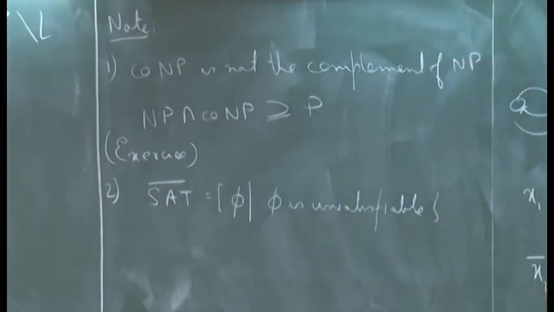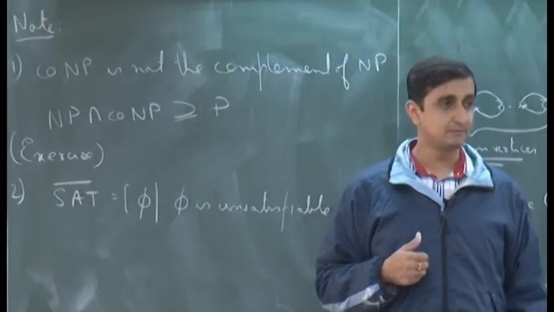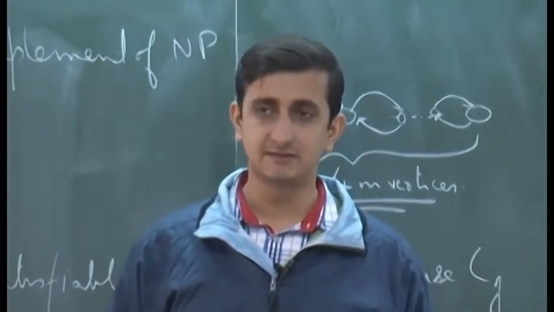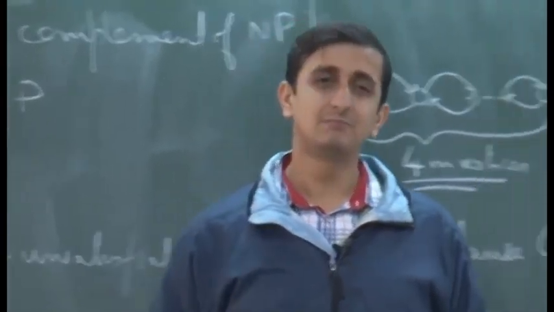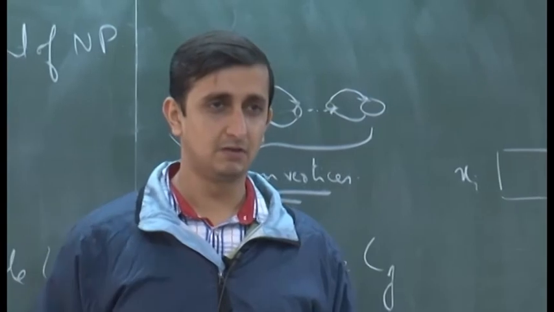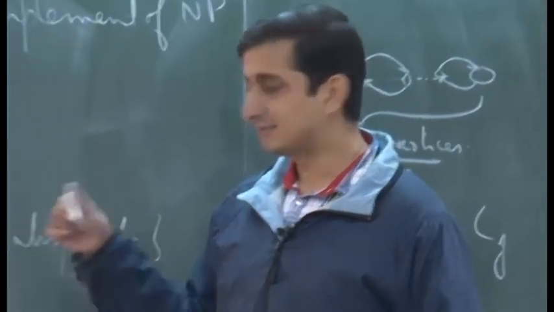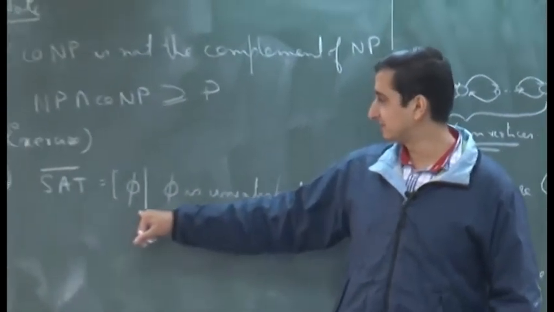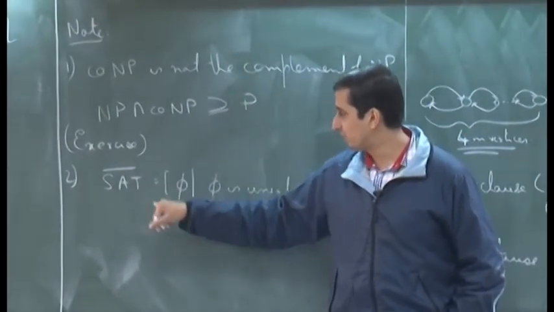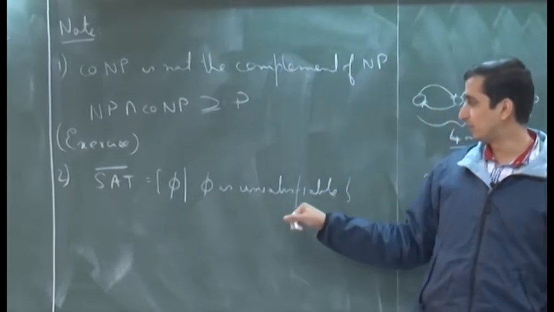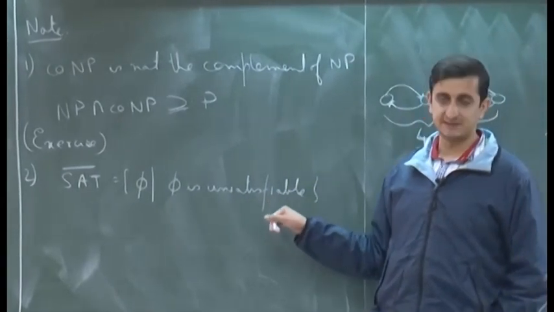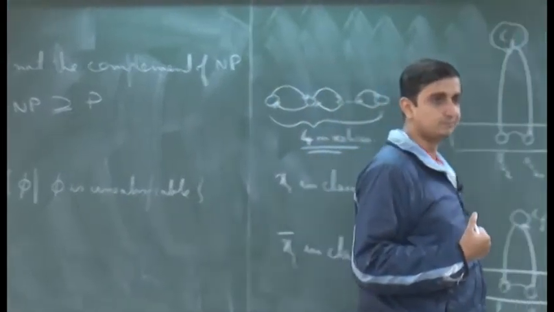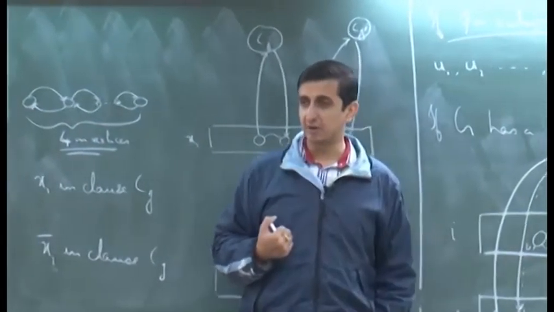Why not? Who said no? What was the definition of SAT? It is all formulas phi, let us say in CNF form, such that there is some satisfying assignment. And now I claim that SAT complement, or SAT bar, is the collection of all those formulas which do not have any satisfying assignment. Unsatisfiable basically means that there is no satisfying assignment. So, is this the correct complement?